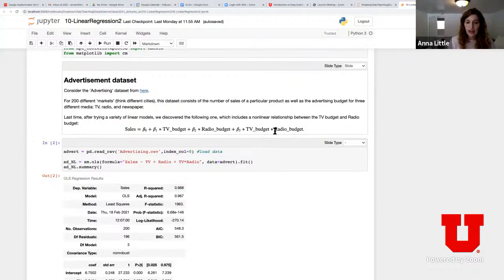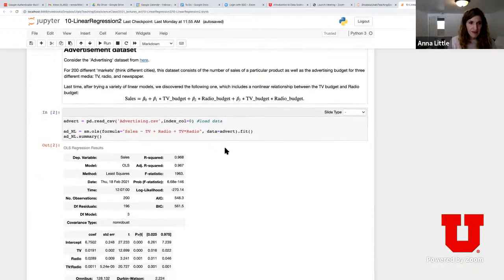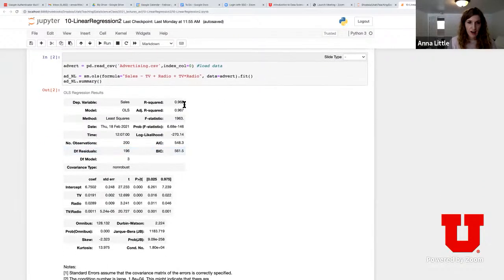Newspaper was not helpful. And we also incorporated this nonlinear term, which was the interaction between TV and radio. And that was actually very helpful for the model to have this interaction term in there. And so in summary, this was the model that we ran using the OLS function in statsmodels, and we got an R² value of 0.97. In addition, we saw that all of the coefficients were significant here.